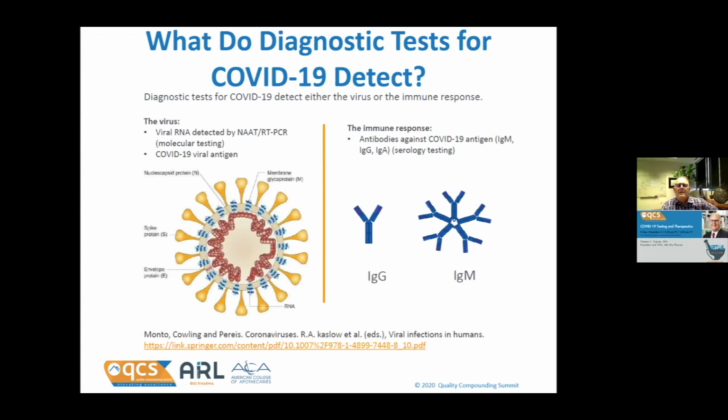Also, the virus can be detected by the viral antigen. You look at the structure there and you can see the nucleocapsid protein N, or the spike, and we'll talk about that. Those are some of the key components of the coronavirus referred to in the literature. The spike, the envelope protein, which is noted here by E, and then the membrane glycoprotein.